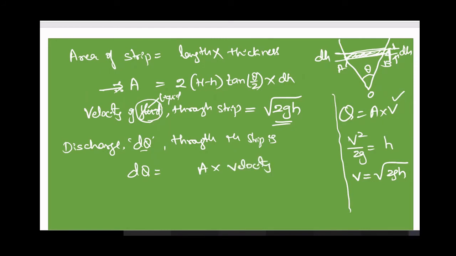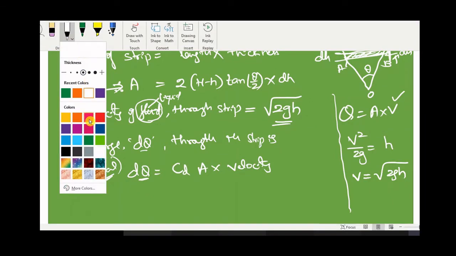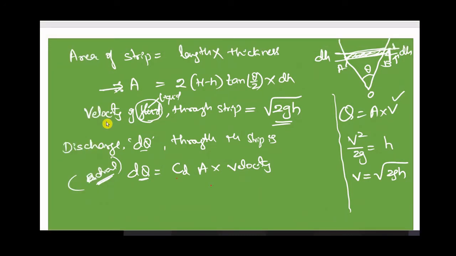And dear students, we are writing this for real or actual discharge. So when you are writing actual discharge, you need to multiply with Cd, that is the coefficient of discharge for that particular device. Here Cd stands for the coefficient of discharge for this notch. So I will write Cd as it is. Area of the strip, this is the formula.